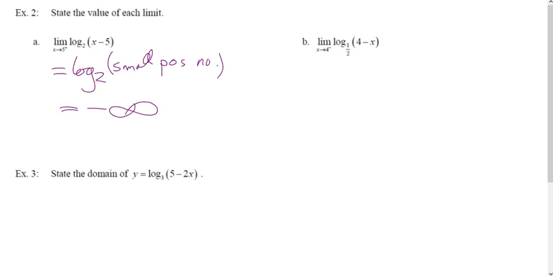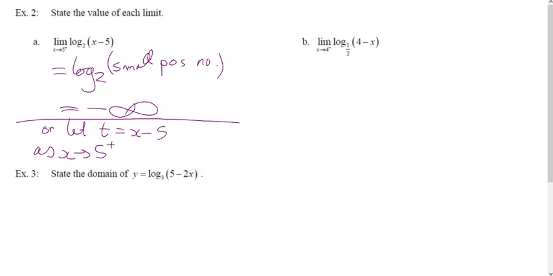Or we'll do the or this time. Let t equal x minus 5. Then as x approaches 5 from above, t approaches 0 from above, and we will have the limit as t approaches 0 from above of log base 2 of t.